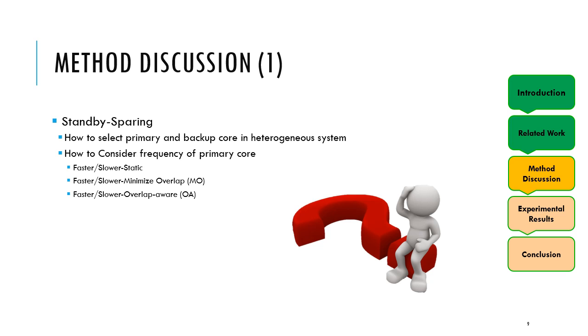For this purpose, the frequency of the primary core is selected such that the execution of primary tasks ends before the start of the backup tasks. And in the overlap aware method, unlike the minimize overlap scheme, it is possible to reduce energy consumption by overlapping the execution of primary and backup tasks. This overlap is obtained by solving an optimization problem.